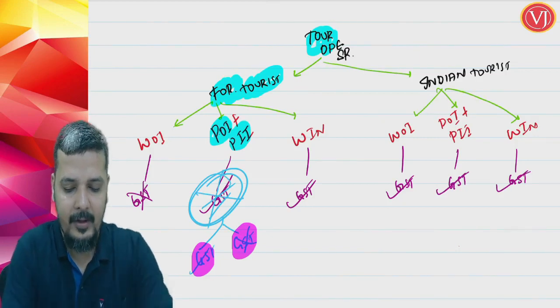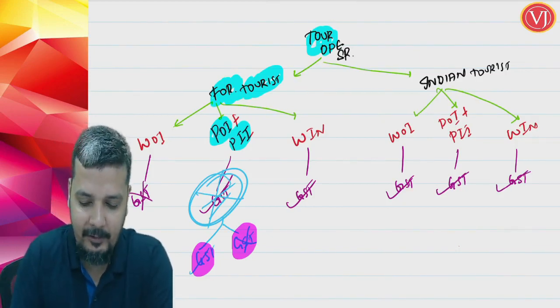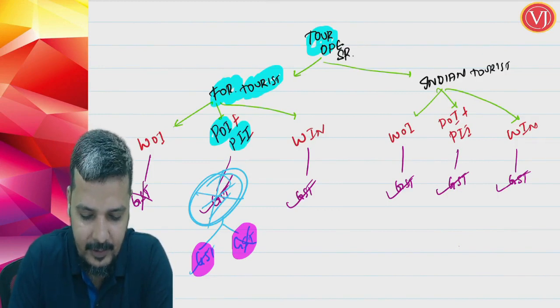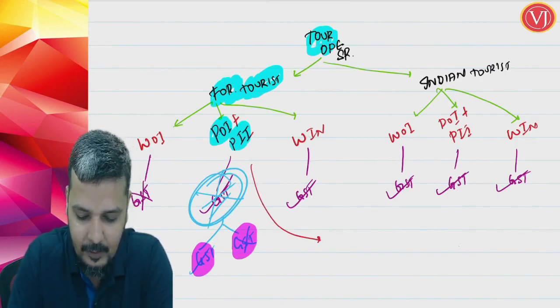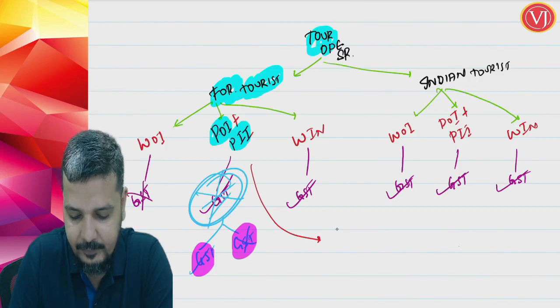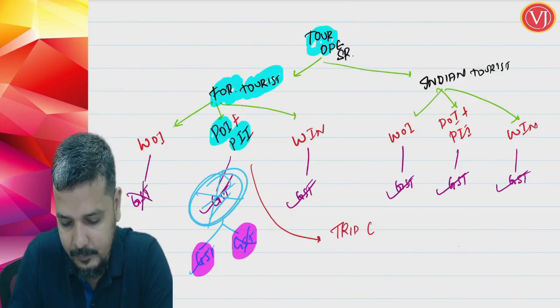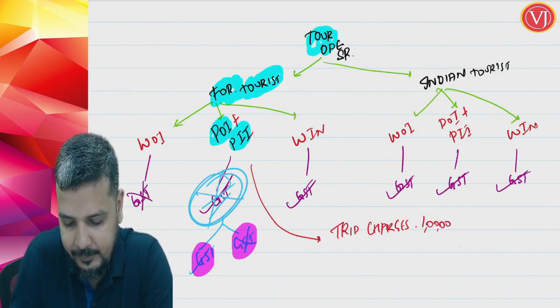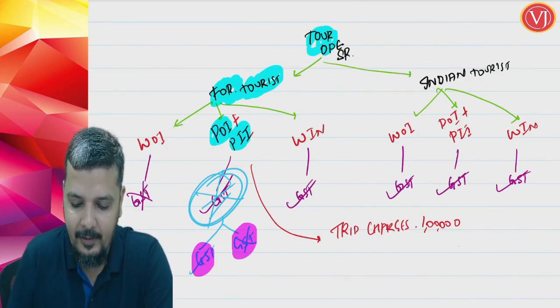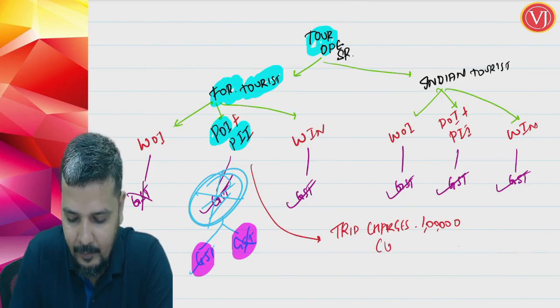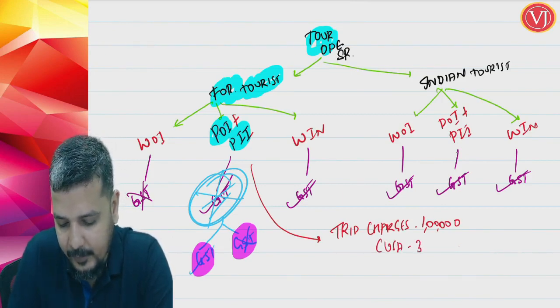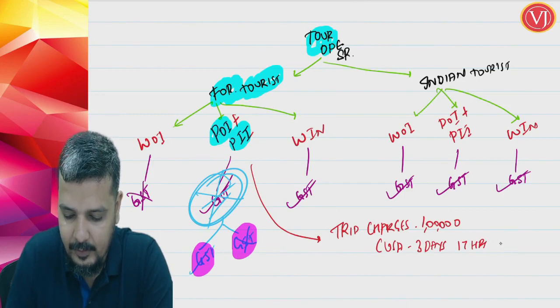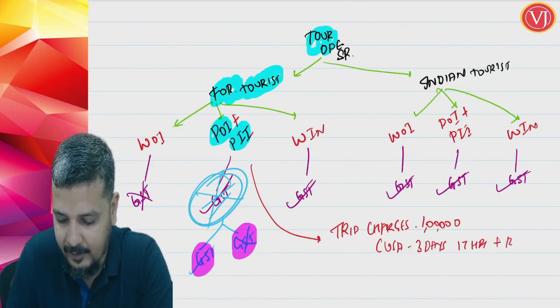Now, how is it so? I'll take one example to explain what they have said. Supposing the total trip charges are say 1 lakh rupees, and that is for USA 3 days, 17 hours, plus the balance in India.